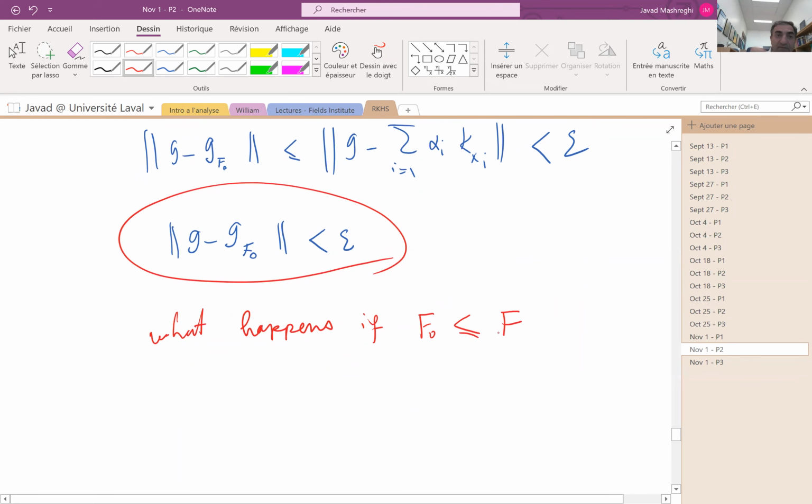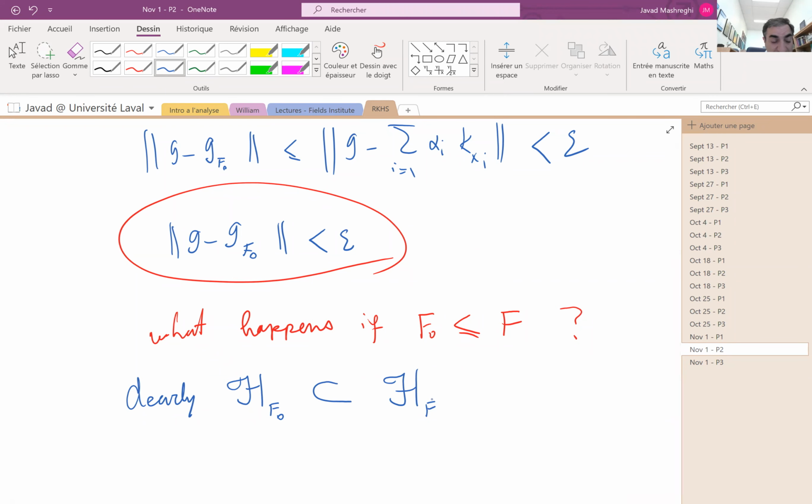If we consider a finite set which has more elements than F0, well, clearly H_{F0} is a subspace of H_F because we have more elements in F. And what can we say about g_F?